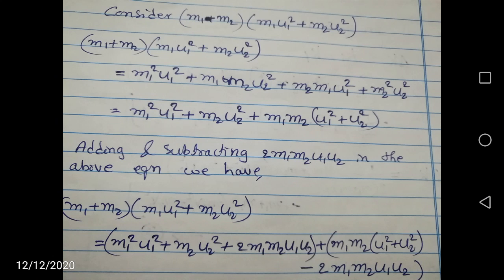Consider the term (m1 plus m2)(m1 u1 square plus m2 u2 square). Multiplying the terms, we get m1 square u1 square plus m1 m2 u2 square plus m2 m1 u1 square plus m2 square u2 square. We write this as m1 square u1 square plus m2 square u2 square plus m1 m2 (u1 square plus u2 square).